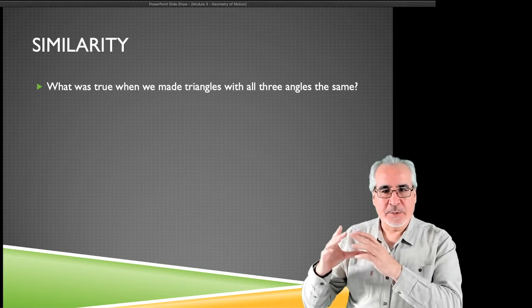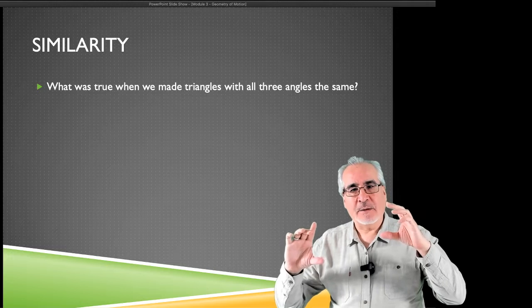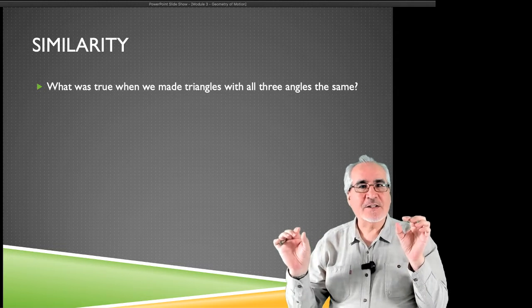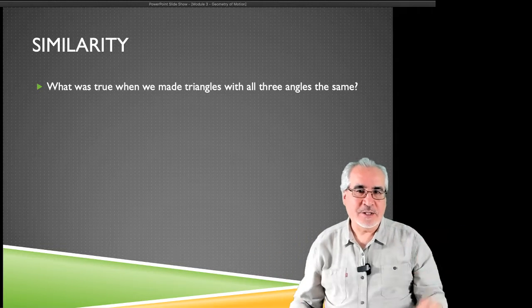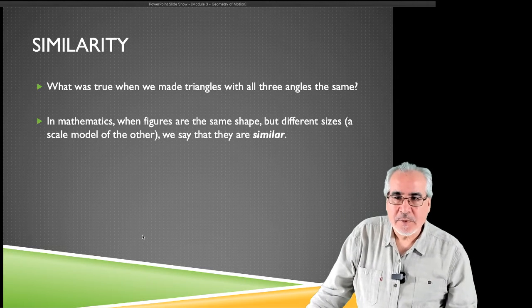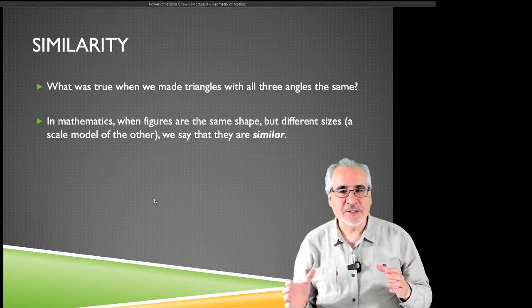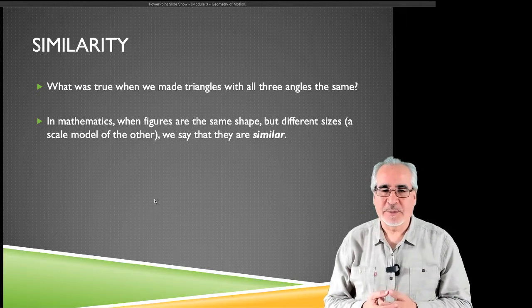Okay, so there could be smaller versions or larger versions, but they all have the same 60 degrees for all three angles. That's an equilateral triangle. So that would be a similarity. So when they're the same shape but different sizes, then that's what we call similar.